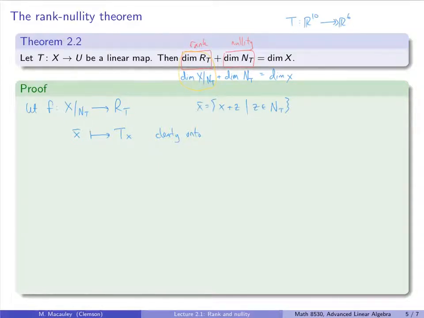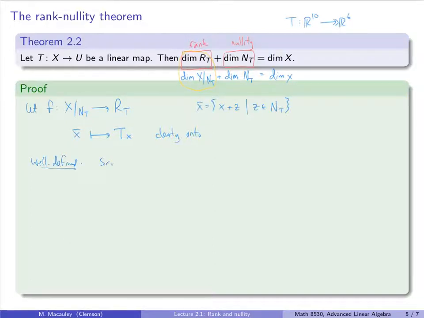We have to show it's well-defined, because this definition depends on our choice of representative x. Let me write well-defined first.